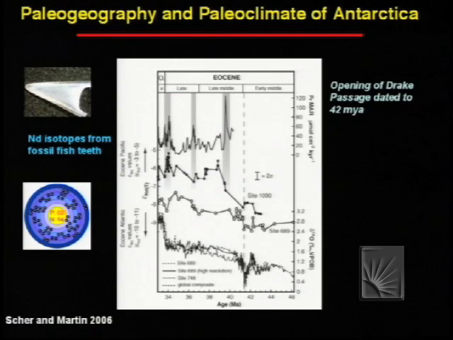And so now we're pushing the date back for the opening of the Drake Passage to about 42 million years ago. So what we're seeing is that as Antarctica is becoming more and more isolated, allowing the Drake Passage to form, maybe approximately 40 million years ago, then we're seeing this signal of climate change where the world as a whole, but Antarctica in particular, is getting very cold at about 35 million years ago.